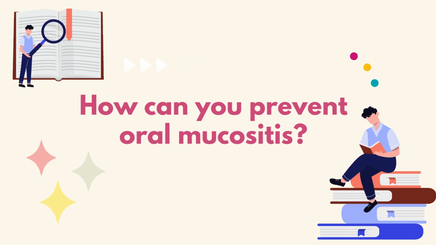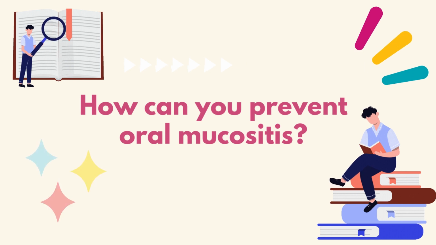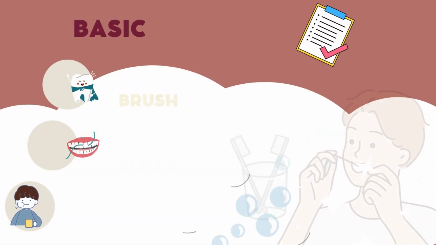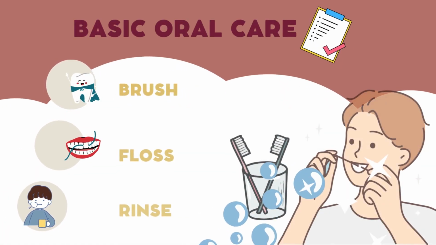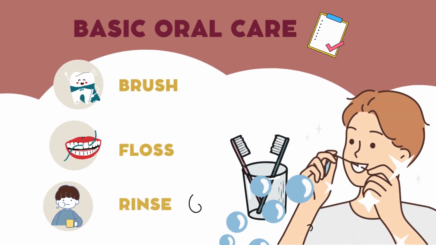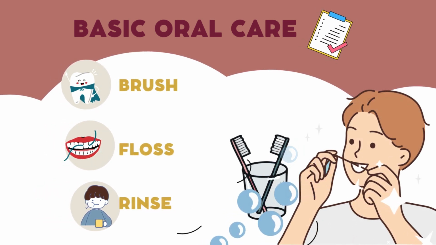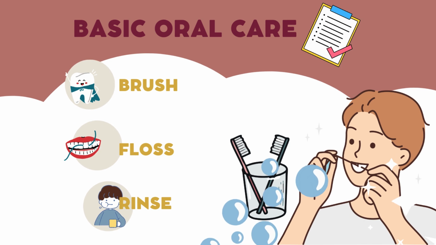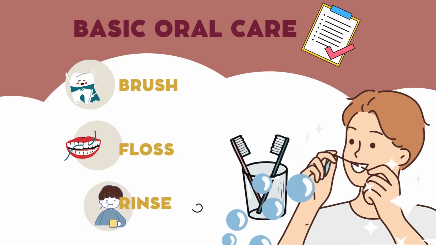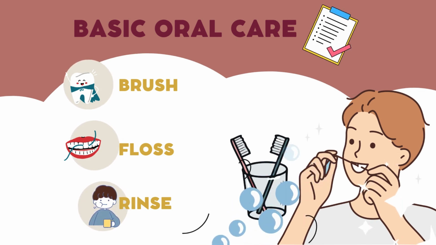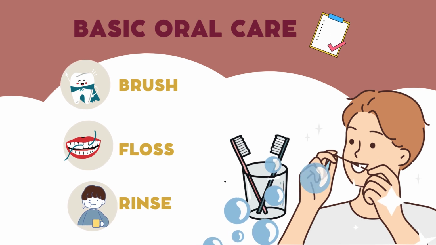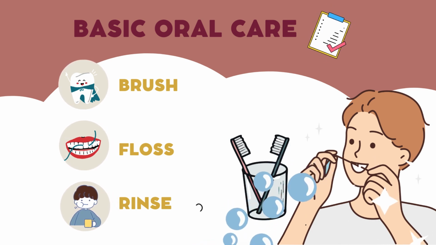So how can you prevent oral mucositis? Basic oral care to the mouth is an important practice to reduce bacterial load and prevent infection. Routine actions performed including toothbrushing, flossing, and using mouthwashes. It is recommended to use a soft toothbrush that is regularly replaced.